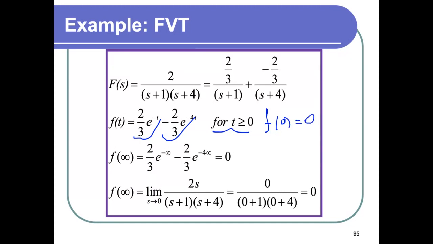Now, we take the limit of sF(s) as s goes to infinity, and alternatively, you will see that 2s over (s plus 1)(s plus 4), as s goes to infinity, is also 0. So the initial value theorem holds too.